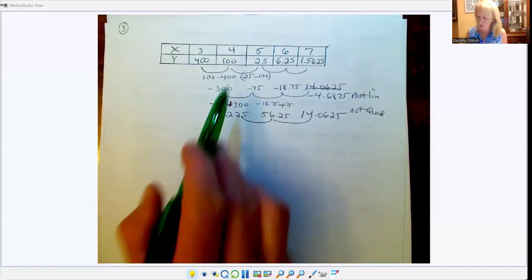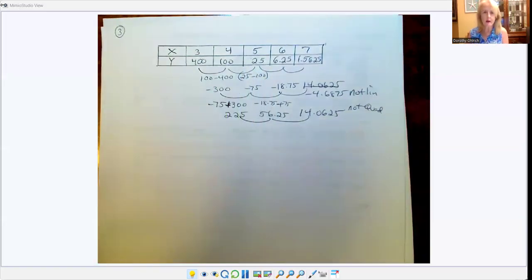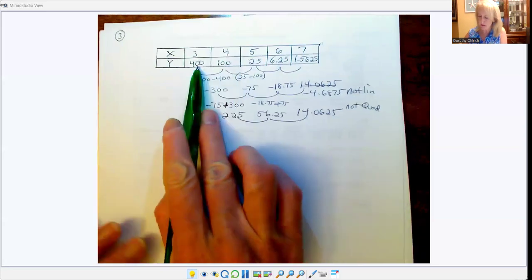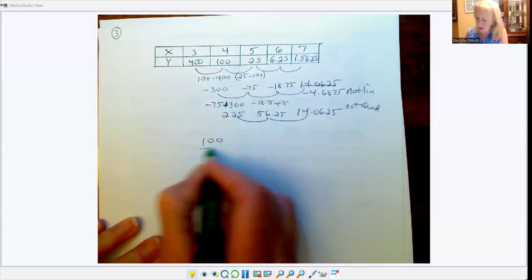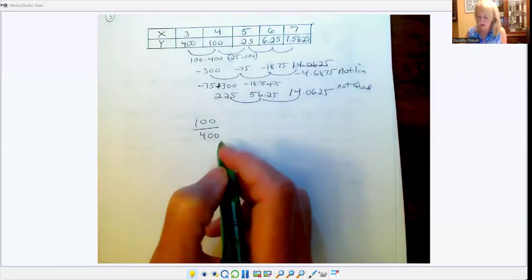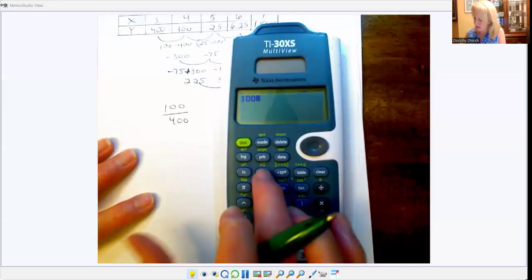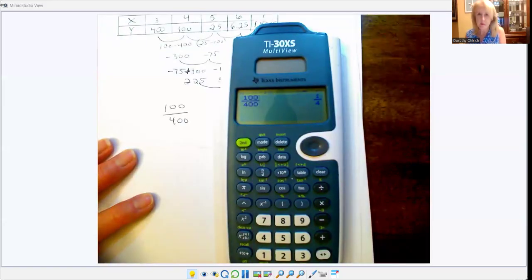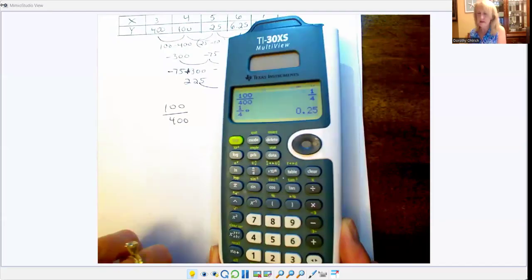Exponential has a ratio. A ratio is a fraction. It's something to something else. So we're going to take the second number and divide it by the number in front of it. So 100 divided by 400, you could probably do that in your head, is 1/4. You might get 0.25. That's the same thing.